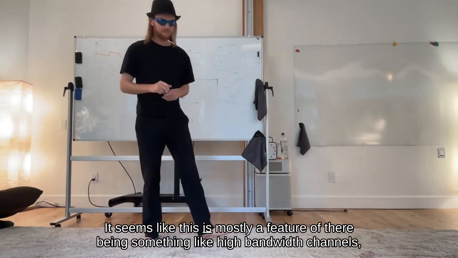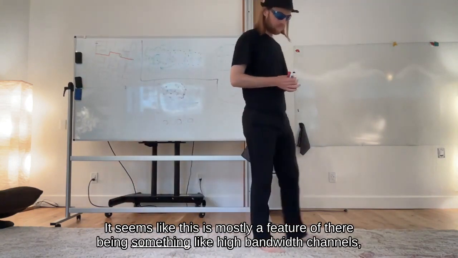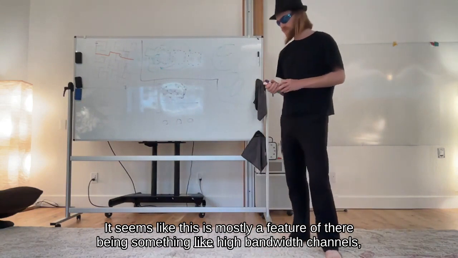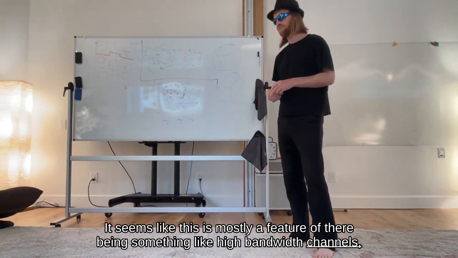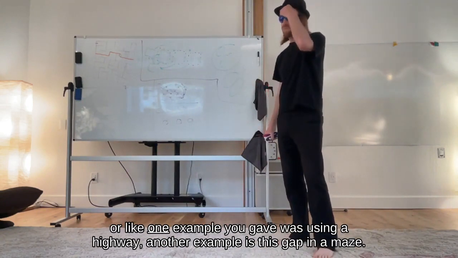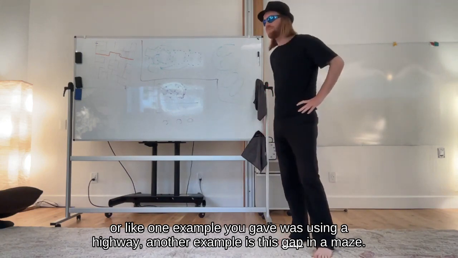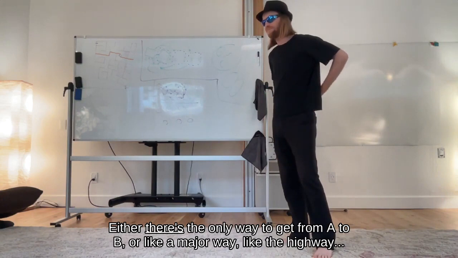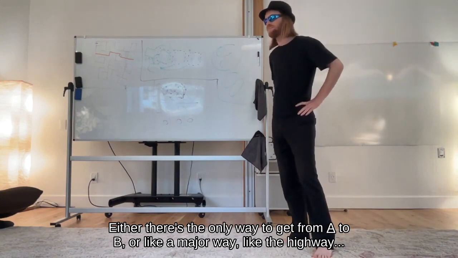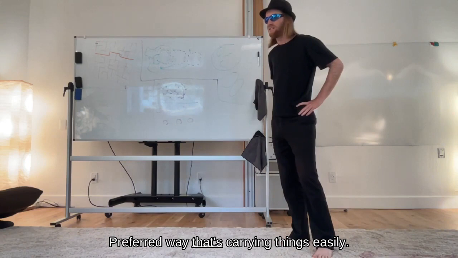It seems like this is mostly a feature of there being something like high bandwidth channels. One example you gave was using a highway. Another example is this gap in a maze. Both of these are either the only way to get from A to B, or a major, preferred way that's carrying things easily.